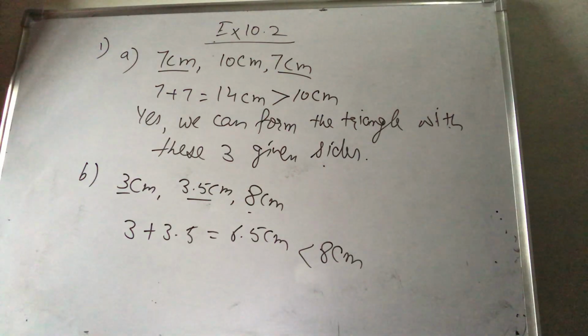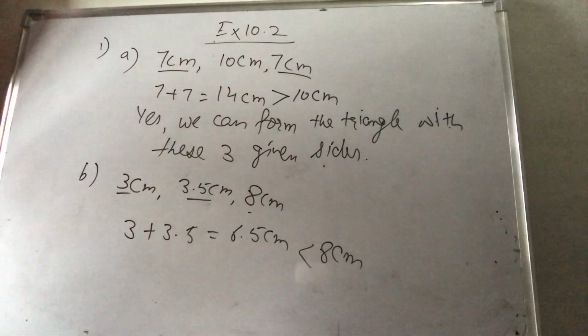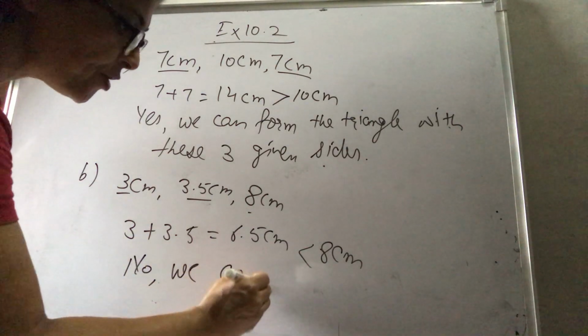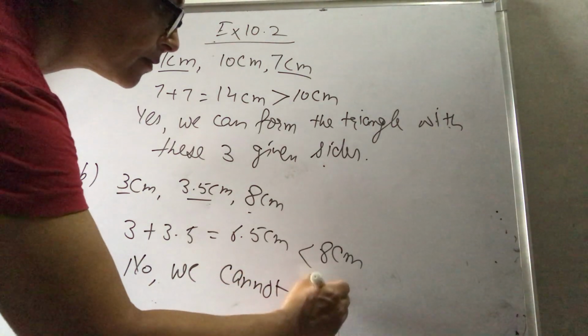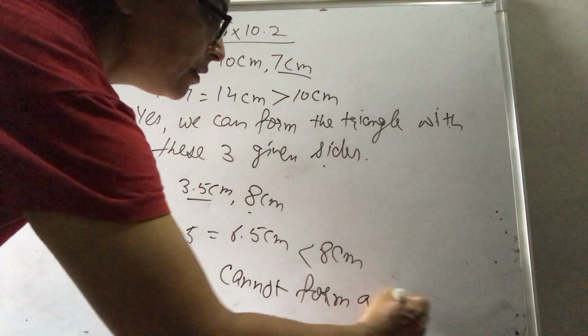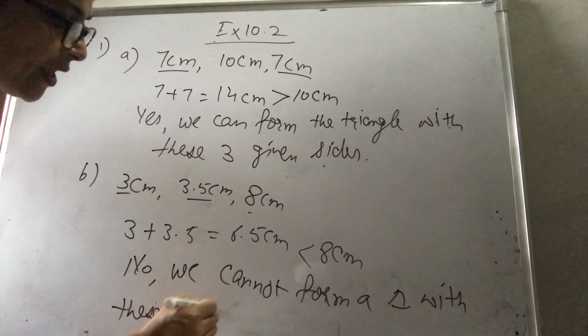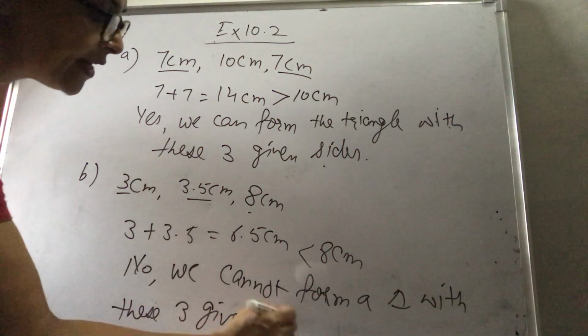It should be greater than the third side, but it is less than the third side. So we will write here, no, we cannot form a triangle with these three given sides.